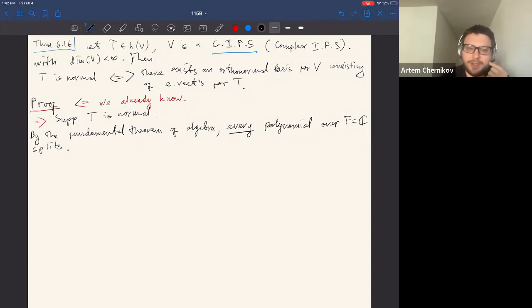So what we get is that every polynomial splits. So in particular, the characteristic polynomial of T also splits. Right? Because every polynomial splits.